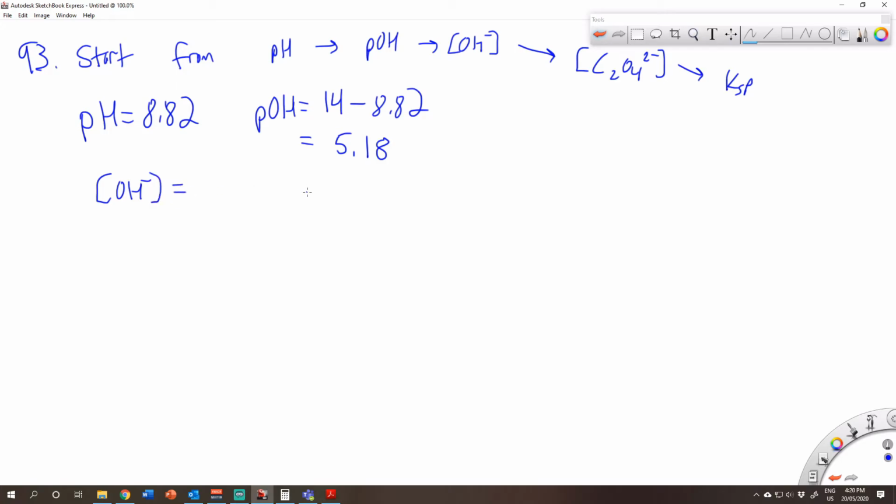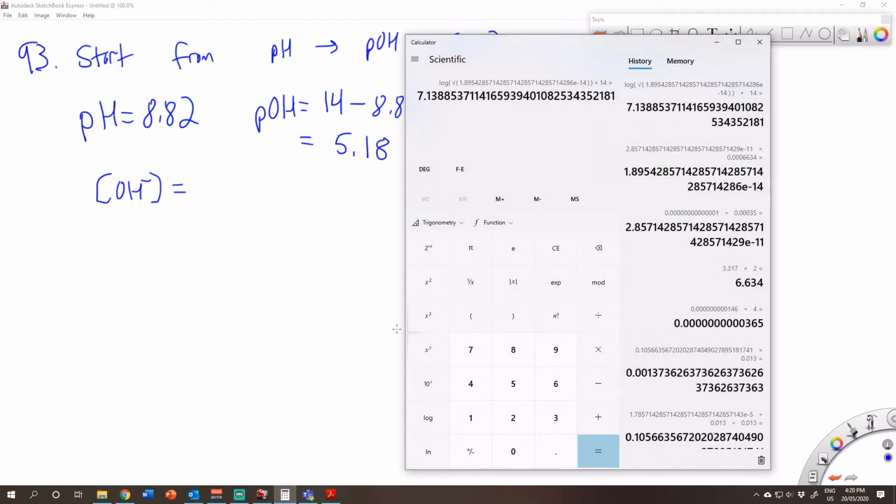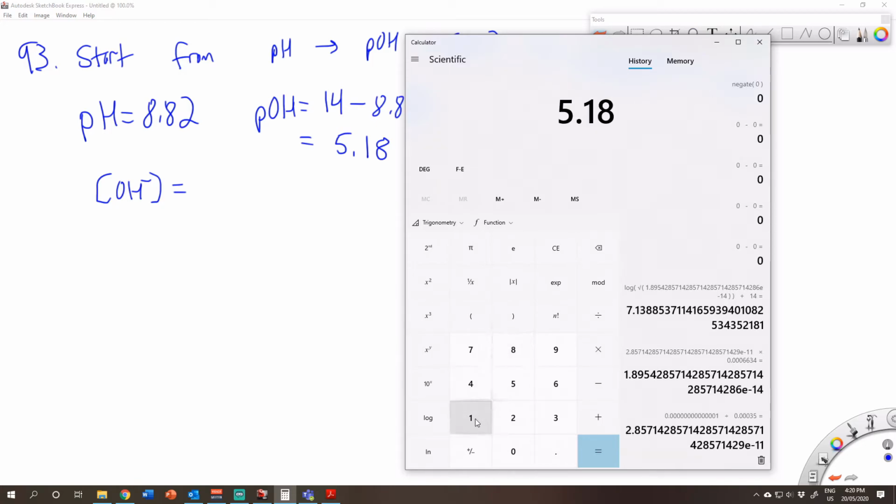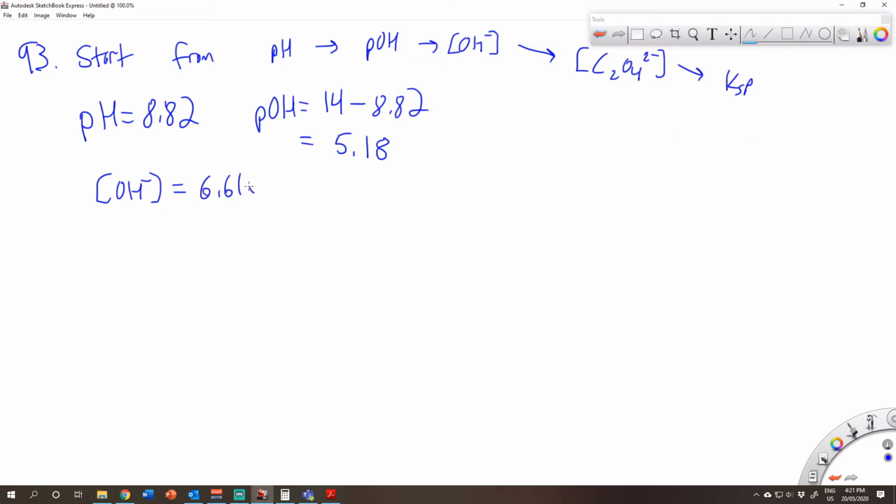And you might wonder, why are we calculating the concentration of hydroxide? Well, I'll let you in on that in a moment. So the concentration of that is going to be 10 to the negative 5.18. So the concentration of hydroxide is 6.61 times 10 to the negative 6.